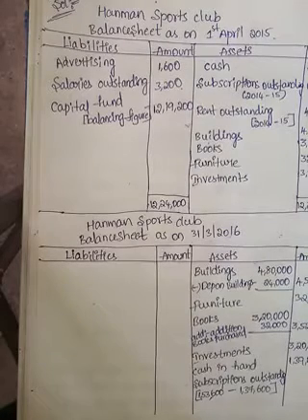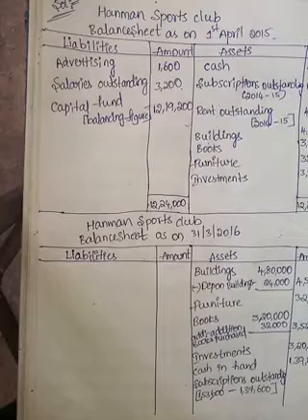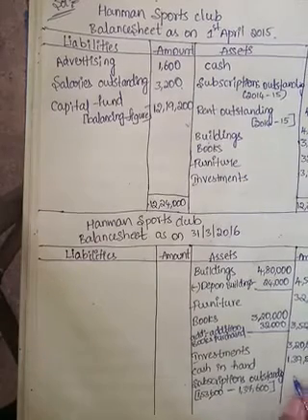How much is it? 1,53,600 minus 1,37,600 is 16,000.